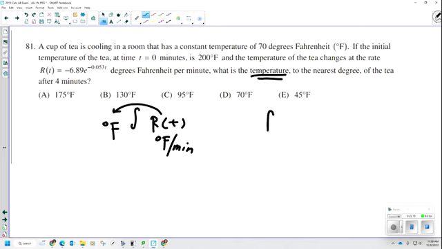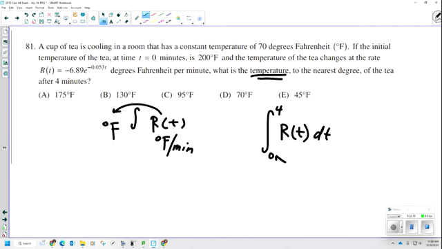Based on the last problem, if I integrate without absolute value, that's displacement, just the change. Total distance, or total degrees Fahrenheit, is if I have the absolute value bars. I'm not doing that. I'm going to integrate R of t and see where it is after the 4th minute.